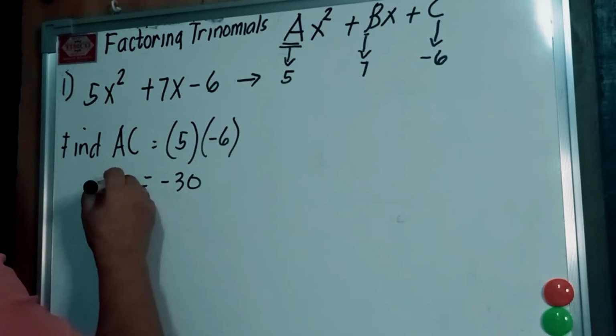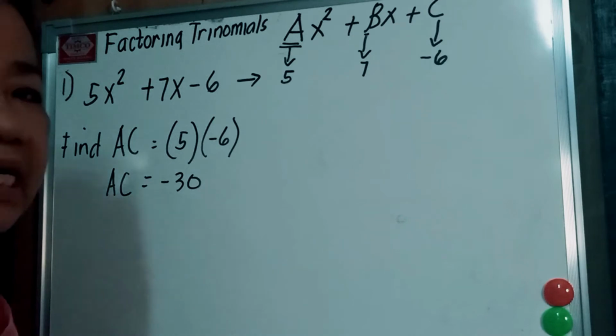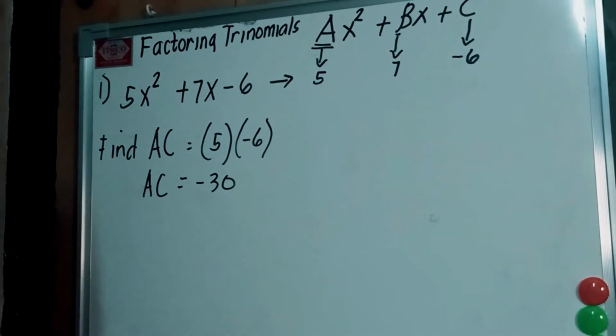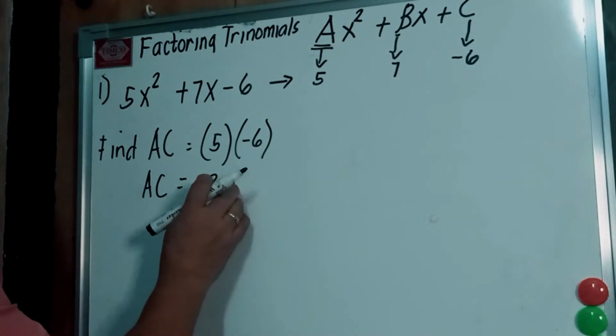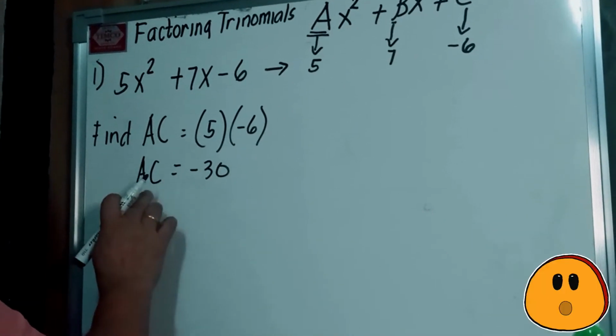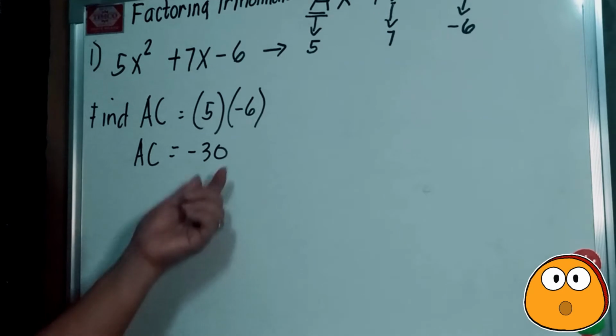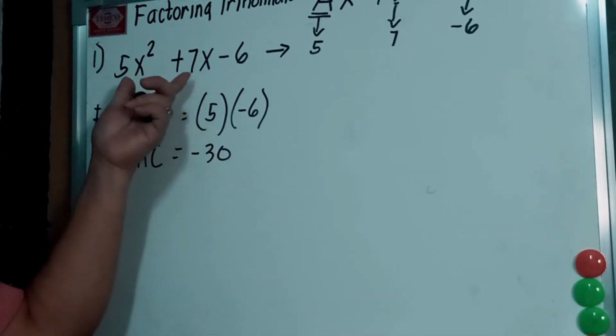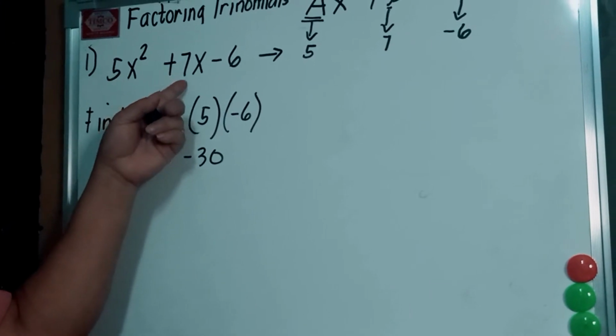So, this is your AC. Next, after getting the value of AC, we are going to find now the factors of AC, which is negative 30, whose sum is equal to the middle term 7.